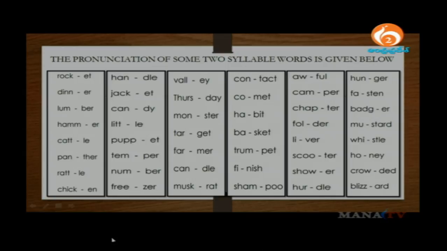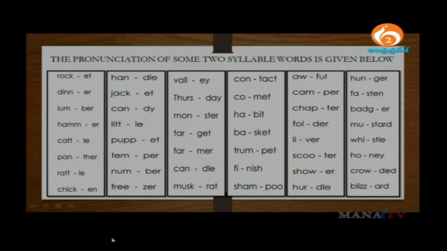Shower, hurdle, hunger, fasten, badger, mustard, whistle, honey, crowded, blizzard.